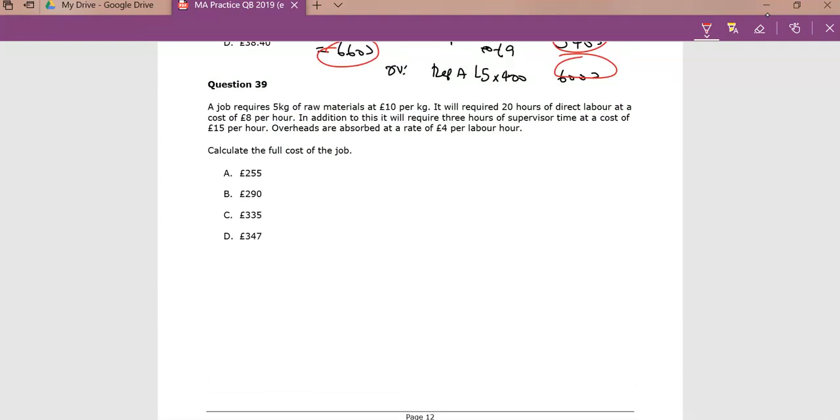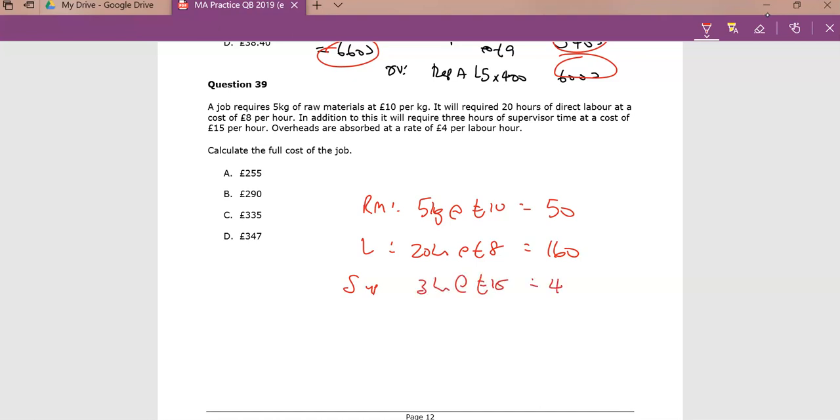39 says that a job requires 5 kilograms of raw materials at £10, which takes us nicely to 50. In terms of labor, it'll require 20 hours at £8, which is 160. Supervisors, we will pay 3 hours at 15, which takes us to 45.